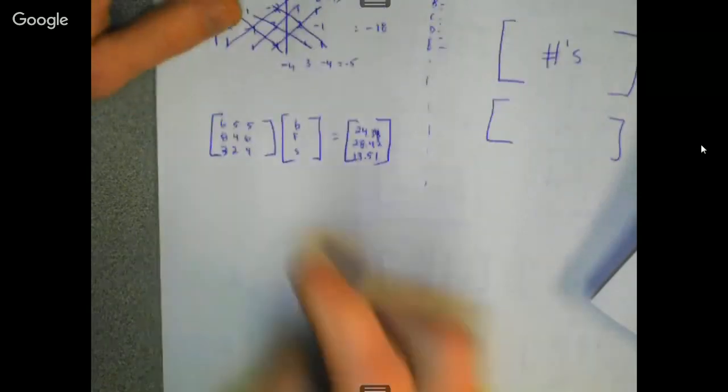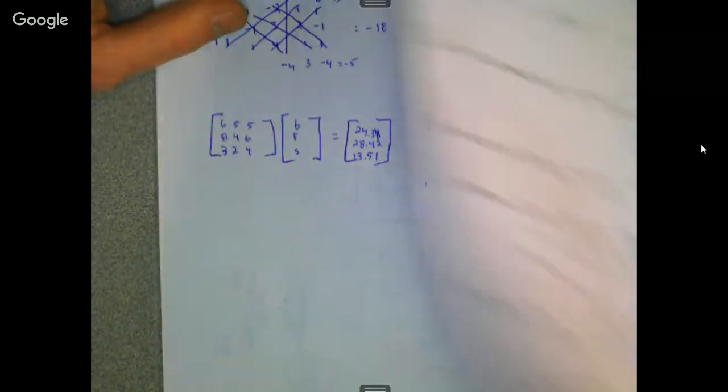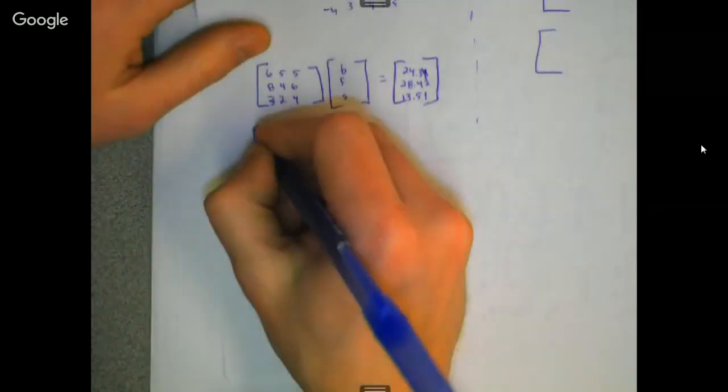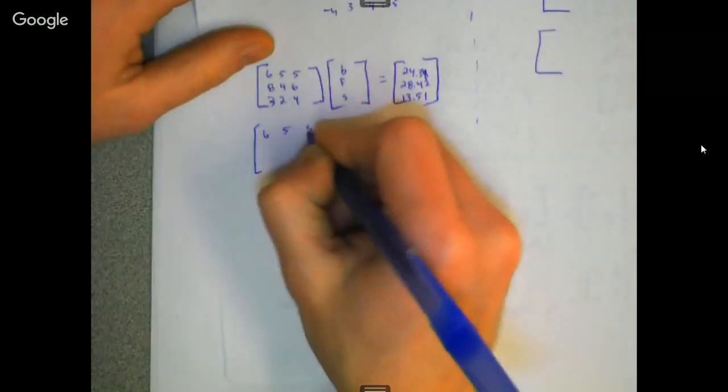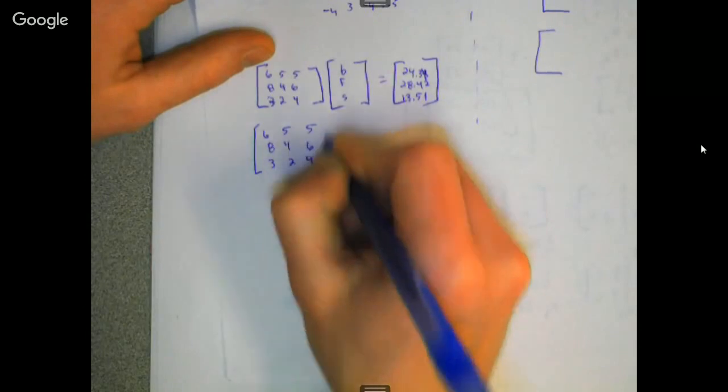Okay, now I need to find the inverse of this. Okay, so that was like this right here, and this RREF, except now we're just doing it with 3 columns. And like I told you in class, we're not going to have one this big.